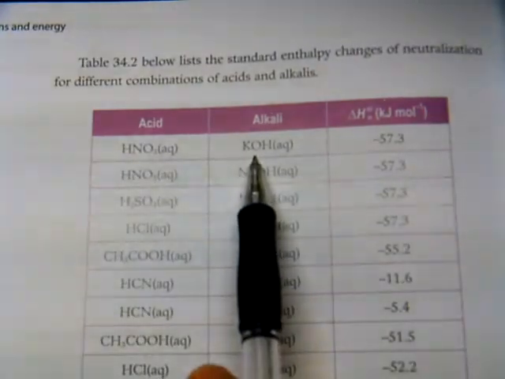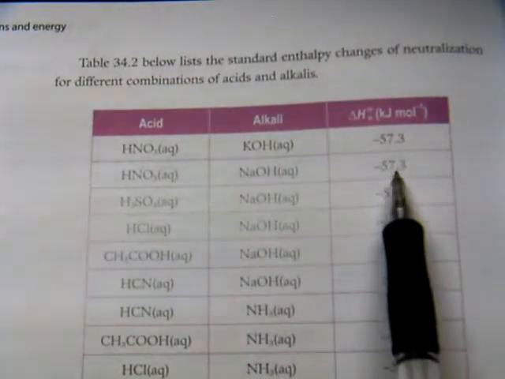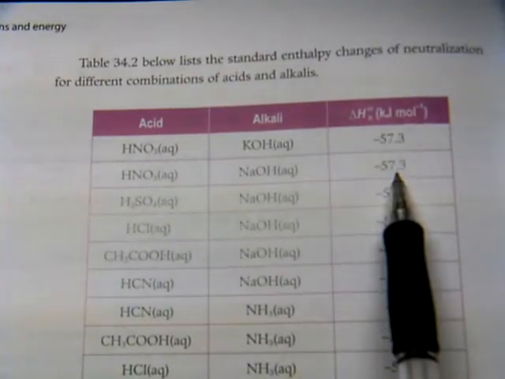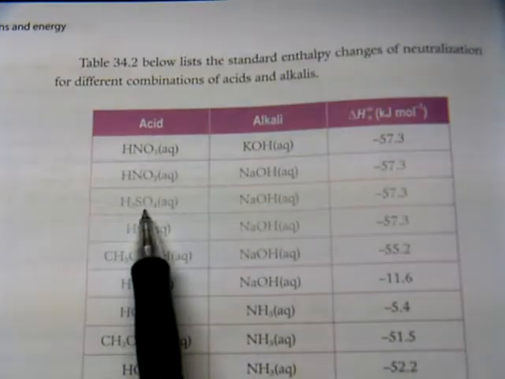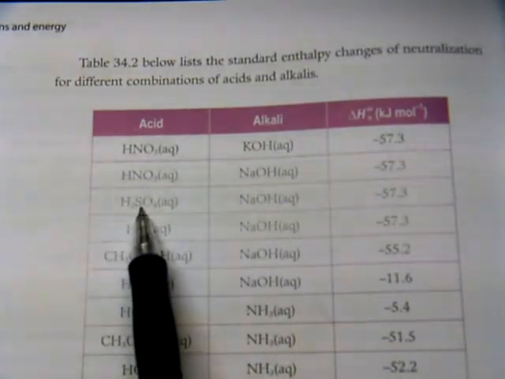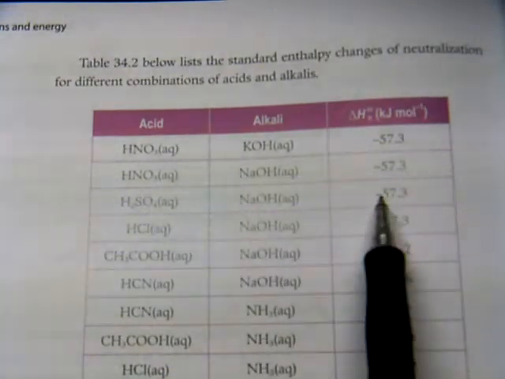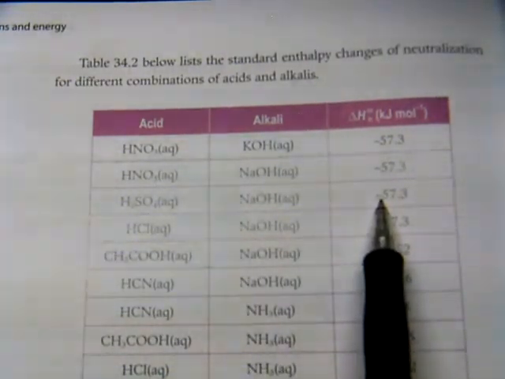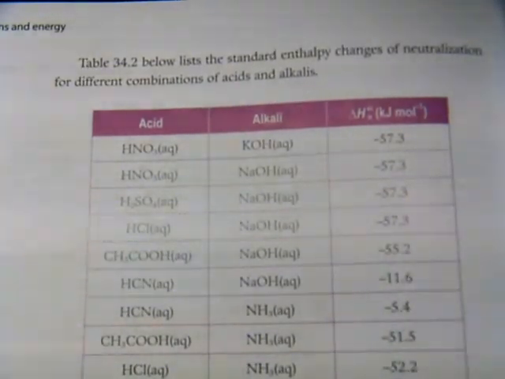If I change the alkali to NaOH, same standard enthalpy of neutralization, same value. Change the acid to H2SO4, also a strong acid, neutralized with a strong alkali. We have the same value for the standard heat of neutralization.